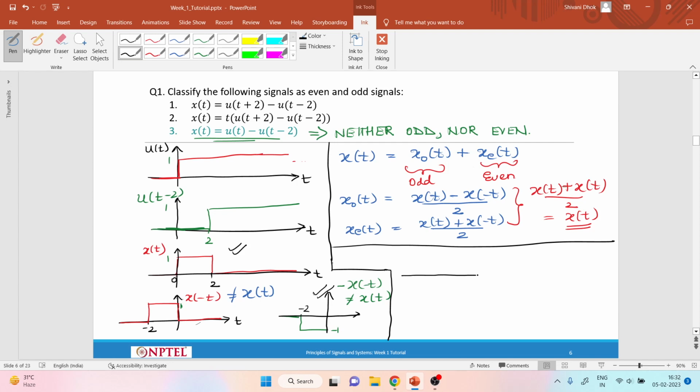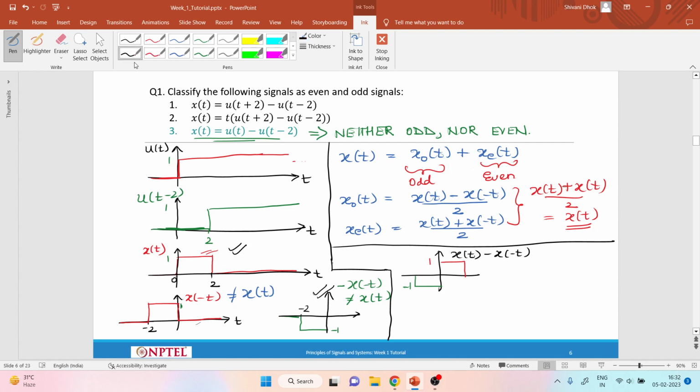So basically we'll have something like this. So if we add x of t minus of x of minus t, we will be getting this part that corresponds to x of minus t, and the second part will correspond to x of t, which is something like this. So this will be minus 1 and this will be 1.